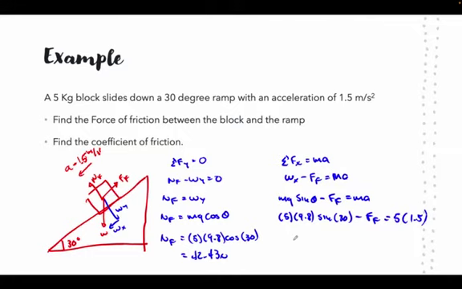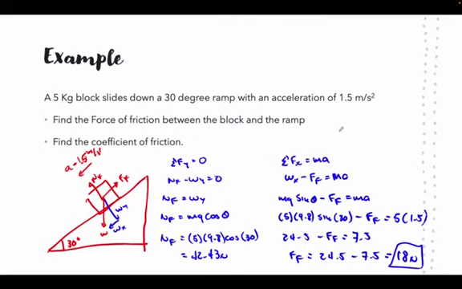This means 24.5 minus friction force equals 7.5, which means that the friction force is equal to 24.5 minus 7.5, which is 18. So the friction force will be equal to 18 newtons.